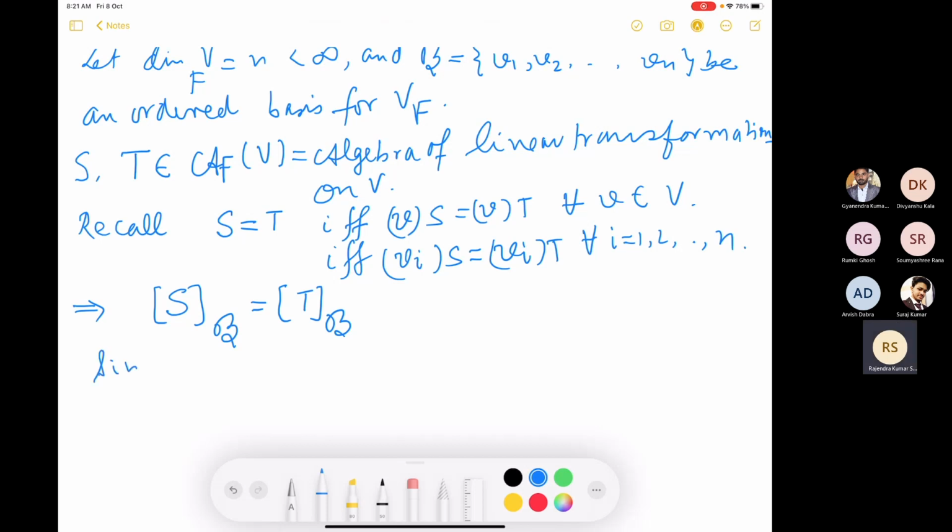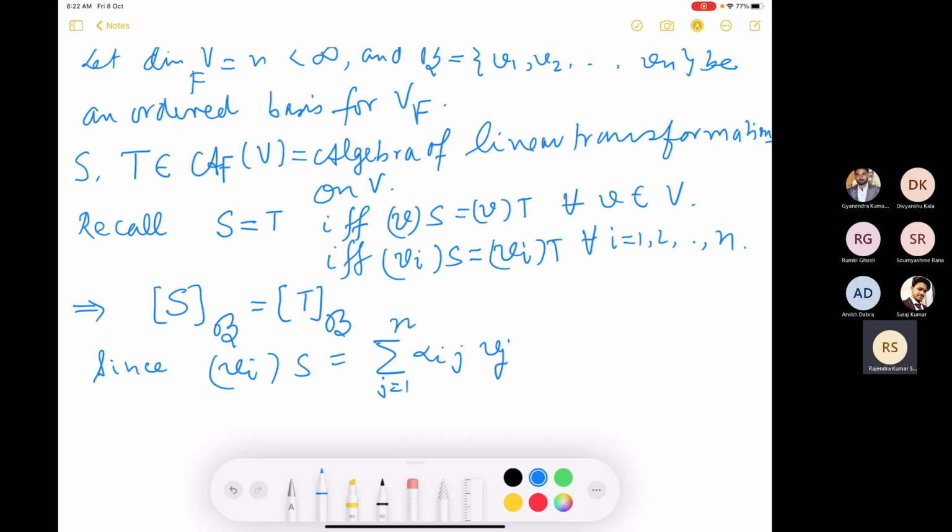Since when you write this, SB, so Vi under S as the linear combination. Suppose the matrix of this is alpha ij, and this is Vj, j = 1 to n.